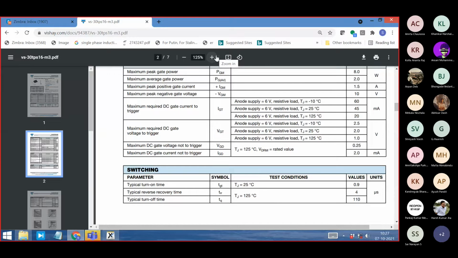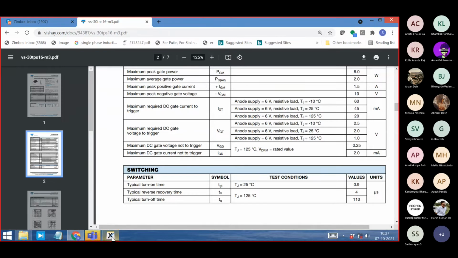The commutating state implies that its voltage is still 0, but the current is falling. It was taking, let us say, 20 ampere current. It will come down from 20 ampere to 0 ampere, and during this time the incoming thyristor's current will build up from 0 to 20 ampere, and this 20 ampere is the load requirement. So the second thyristor is taking the burden from the first thyristor, and this period is 4 microseconds.